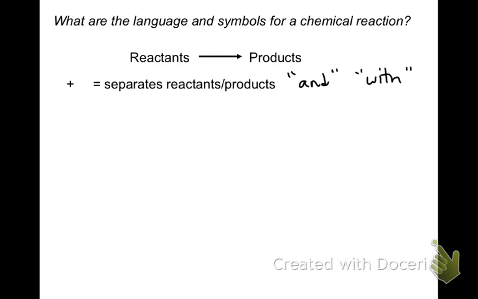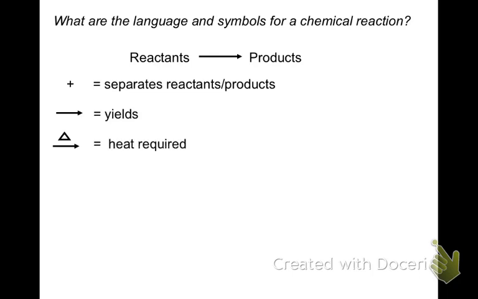Okay, so it might be over here like 2 reactants. So you would separate those 2 reactants with that plus sign. The arrow means yields or produces or forms. And we'll say yields for right now. If you have a triangle over that arrow, that is going to show that heat is required for that reaction to go.